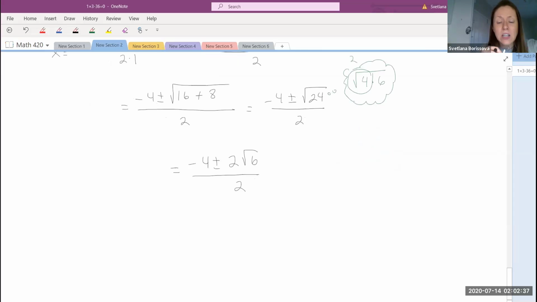Let me know if you catch any mistakes. But if that looks right, then at this point, the last thing that we can consider is we don't really have to split things up. So we have options. One option is to split things up the same way as we split them for complex numbers, putting the 2 underneath each term of the numerator. Or we can keep it all as one fraction, and in this case we can. It's not a complex number, so we can totally keep this all together as one.